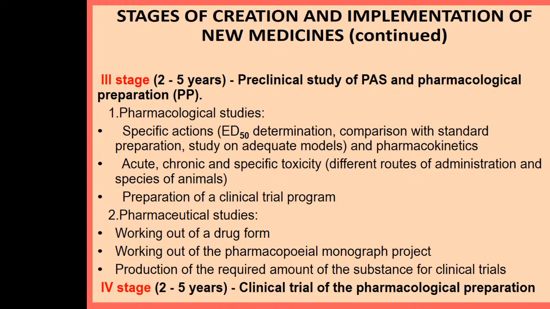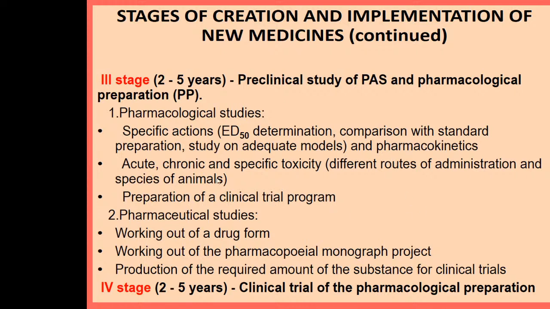For animals, we do not need to use special drug forms. But if this agent in animals shows interesting effects and low toxicity, and we understand that it can go to clinical trials, of course we should investigate this chemical substance thoroughly and produce a specific drug form.